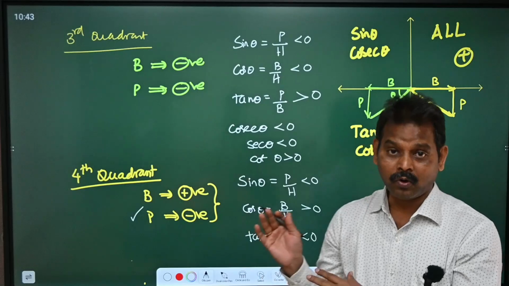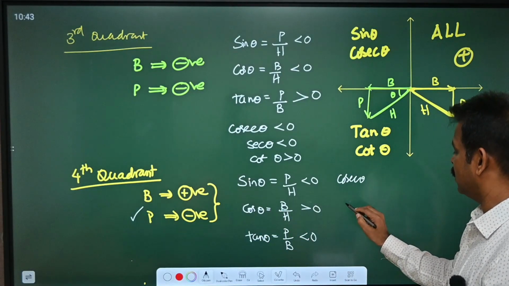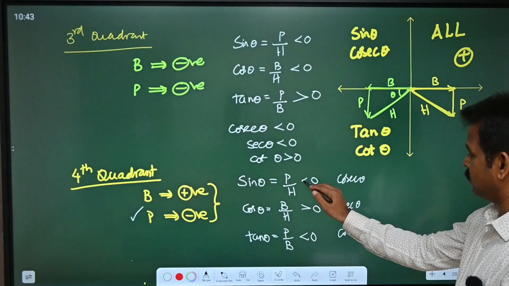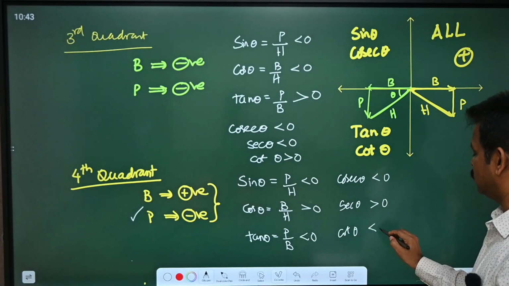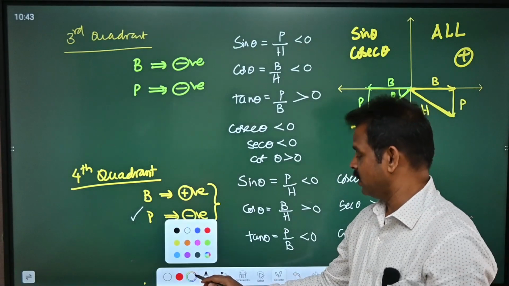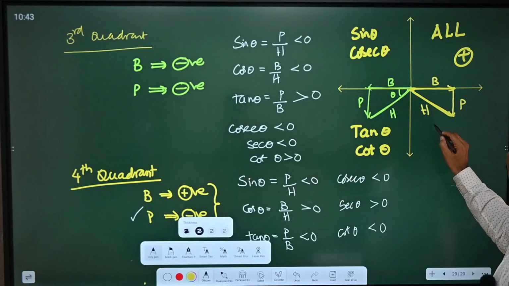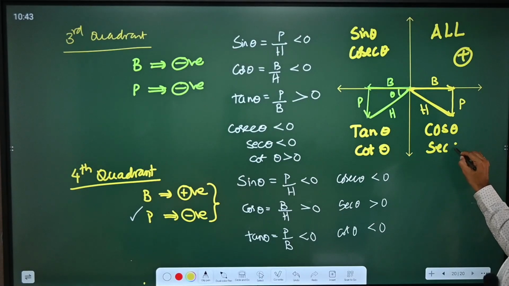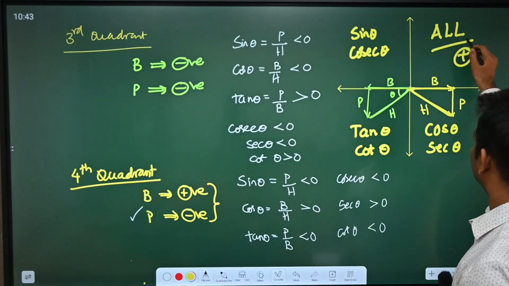And the reciprocals of these, that is cosecant theta, secant theta, cot theta, the corresponding values should be negative, positive, negative. So from this we can write, students, even in the fourth quadrant, cos theta and its reciprocal secant theta are positive.